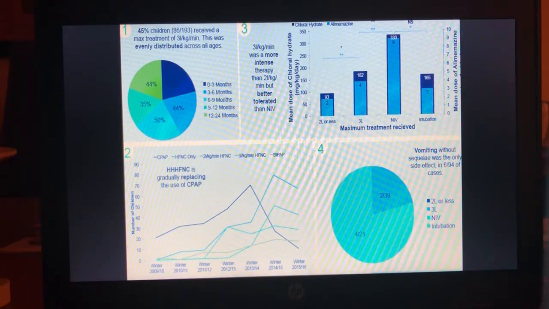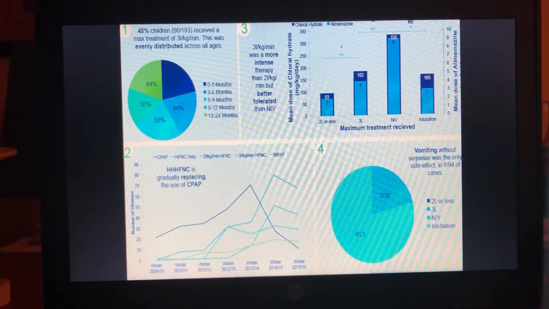At the same time, you'll see that there's a blue line that increases each successive year, peaking at 2014-15 right at the top at around 80 patients, and that is the number of patients who received high flow. So the total number of patients receiving high flow has dramatically increased between 2013-14 and 2015-16, while CPAP has dramatically reduced.